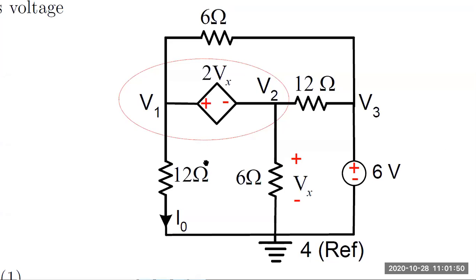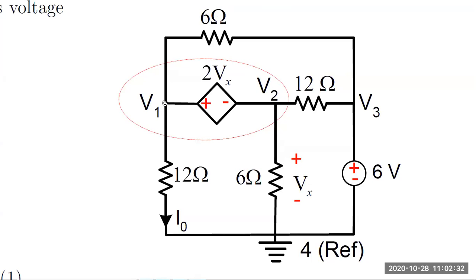Anybody can tell me the answer now? V1 by 12, V1 minus V3 by 6, plus V2 by 6, plus V2 minus V3 by 12.